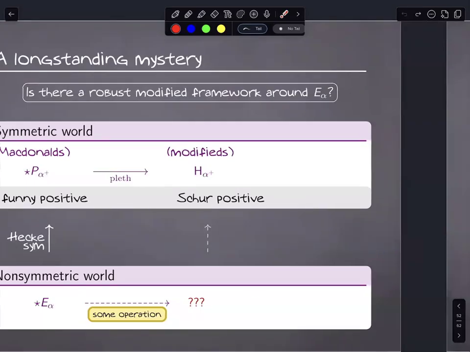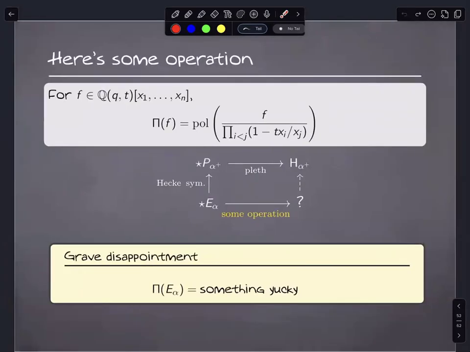And this operation that I just defined, you might think it's the right one, and you apply it to the non-symmetric Macdonald, and then you get something yucky and you cry and go home and give up. No, of course you don't, because you wouldn't work in Macdonald polynomials or Schubert calculus if you were that personality type. So instead, you know that all these people have been doing amazing things with different stable versions of that.